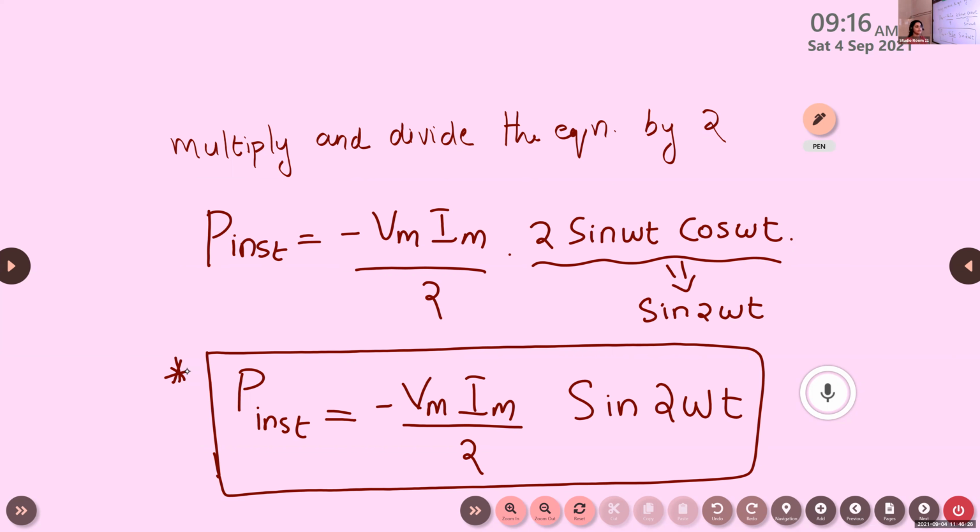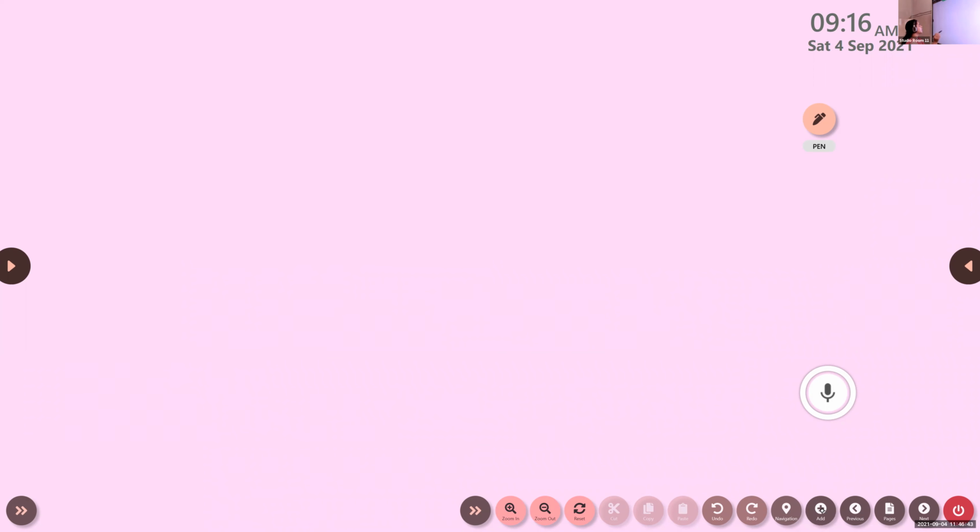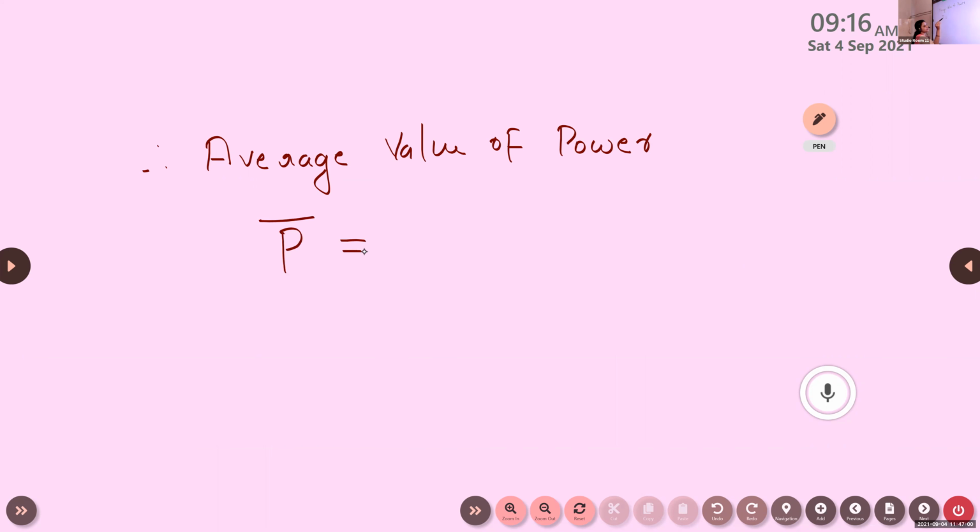So here we calculated the instantaneous value of power. After this, we can calculate the average value of power. Okay, so write the next heading. Therefore, the average value of power is represented by P bar.